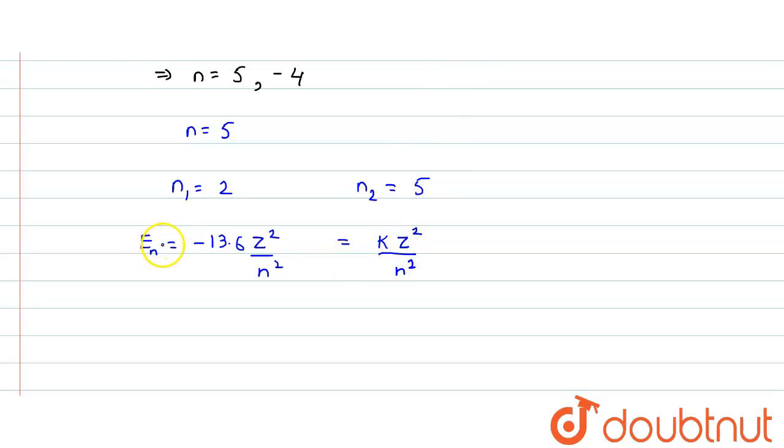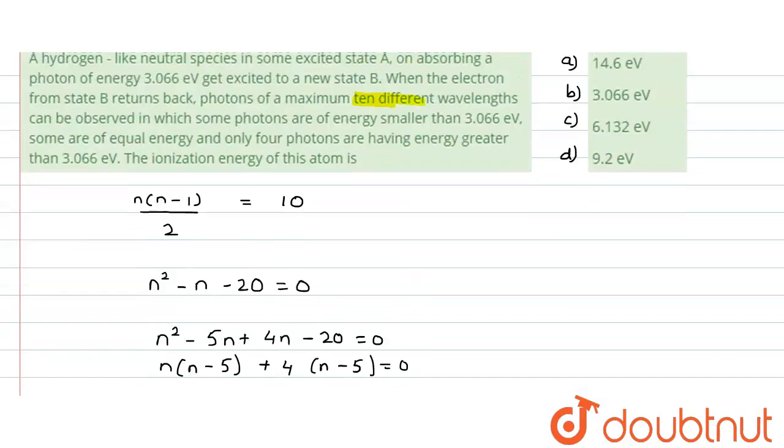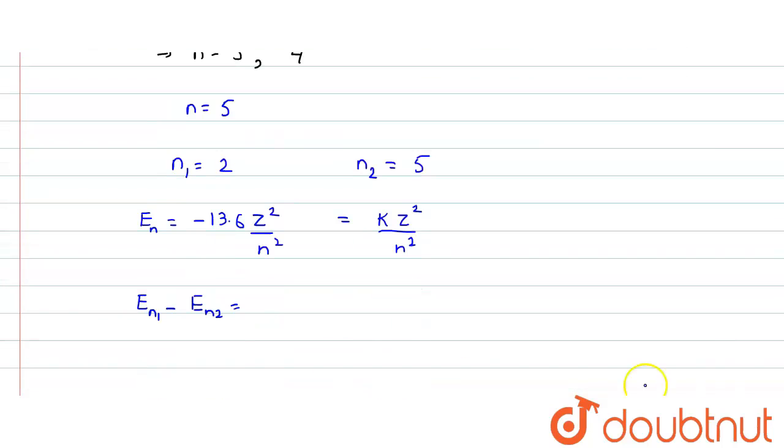Now whenever there is a transition, the difference of the two states would be the energy which is absorbed or released. So we can say that En1 minus En2 would be the energy. From n equals 2 to n equals 5, the energy is 3.066.